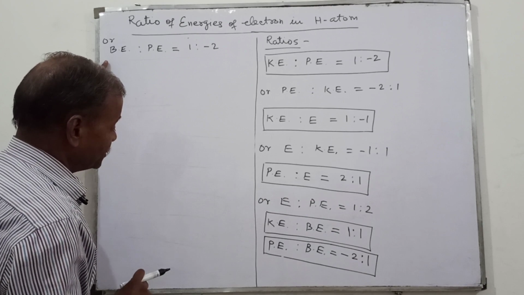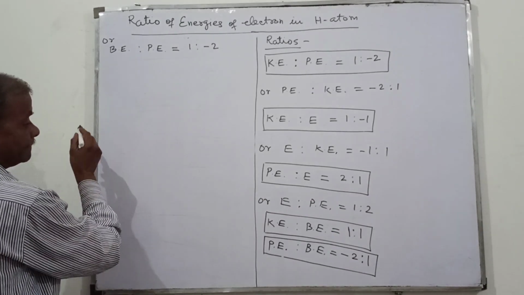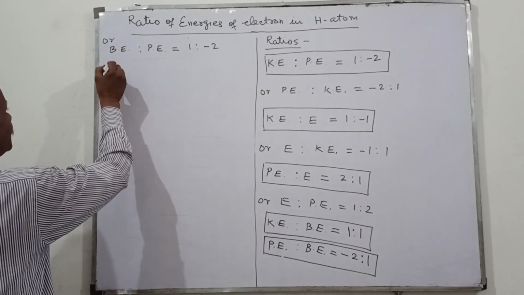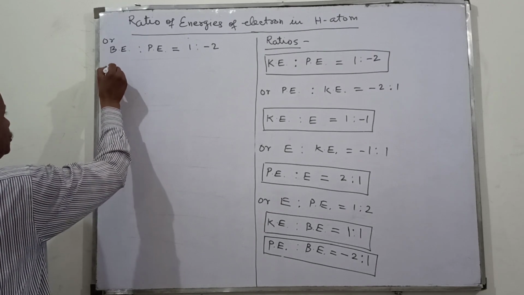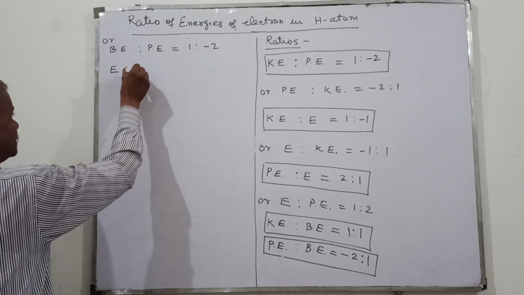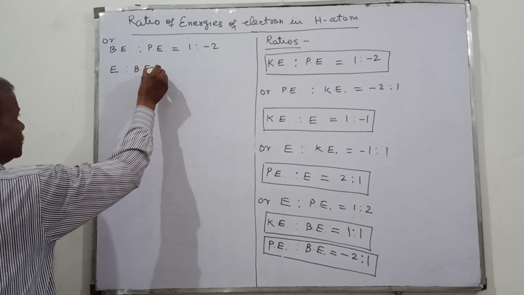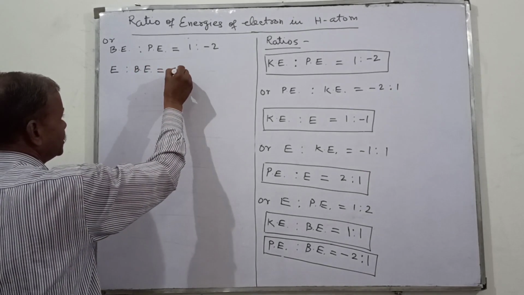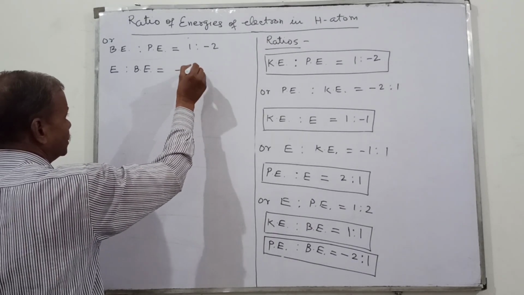Now the total energy ratio binding energy. Total energy is negative, so this is minus 1 ratio 1.